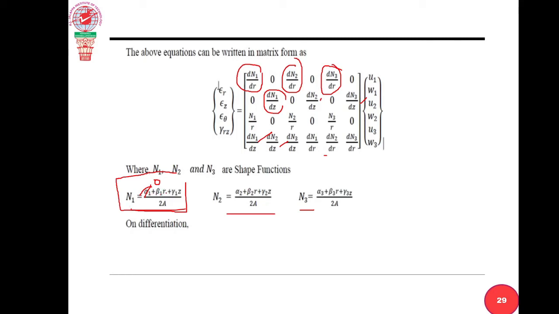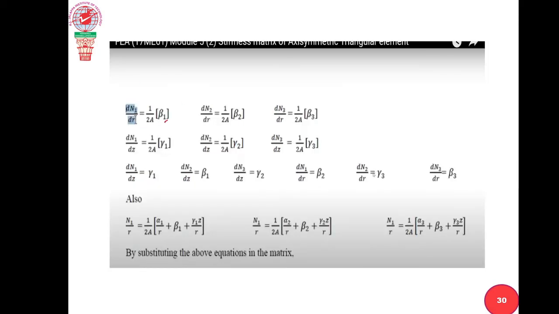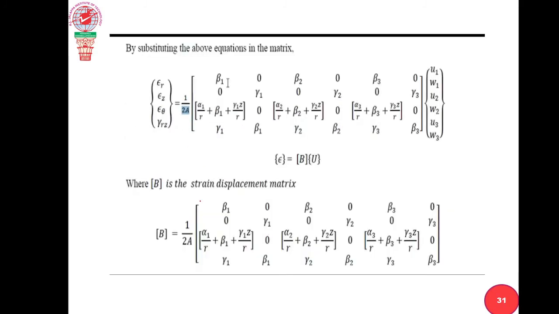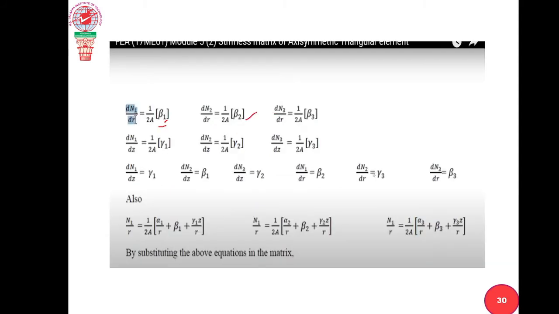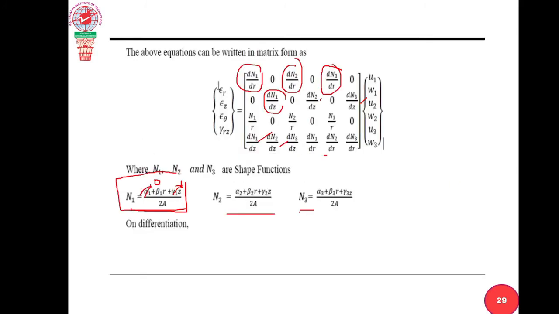Again, beta 1 into the differentiation of r, plus gamma 1 into z, becomes 0. Divided by 2a. That is nothing but beta 1 by 2a. Similarly, what is the differentiation of N2 with respect to r? That's all. What is the differentiation of N3 with respect to r? That's all.